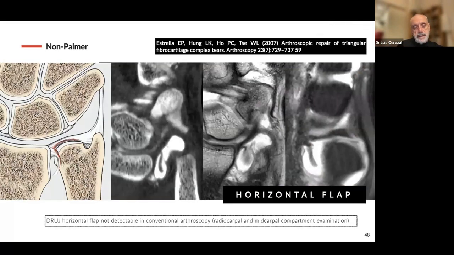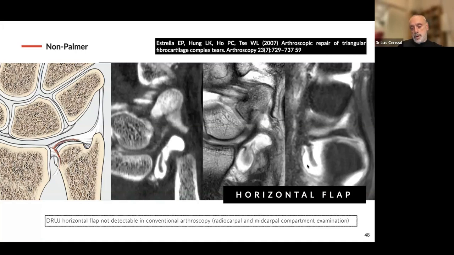But in this case, it's a very nice case with a previous arthroscopy with normal TFC, and we have permanent pain in pronosupination and mechanical symptoms, and we can see a flap of the proximal distal radioulnar aspect of the TFC hanging in the distal radioulnar joint space, making the clinic of this patient.